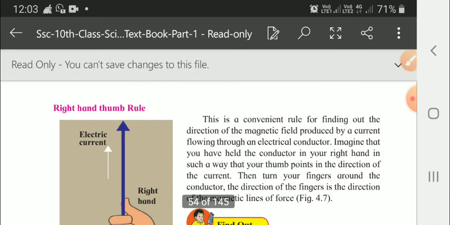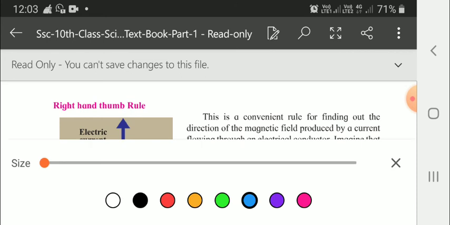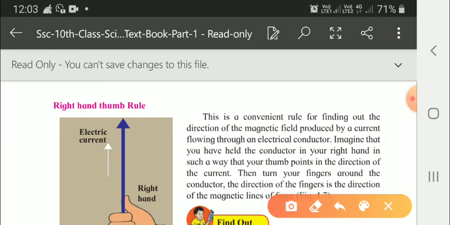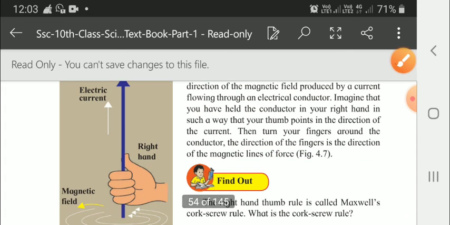the right hand thumb rule. This topic we are going to see. This is the right hand thumb rule.